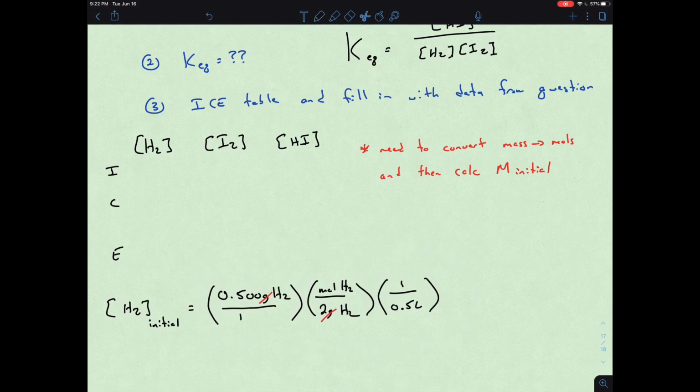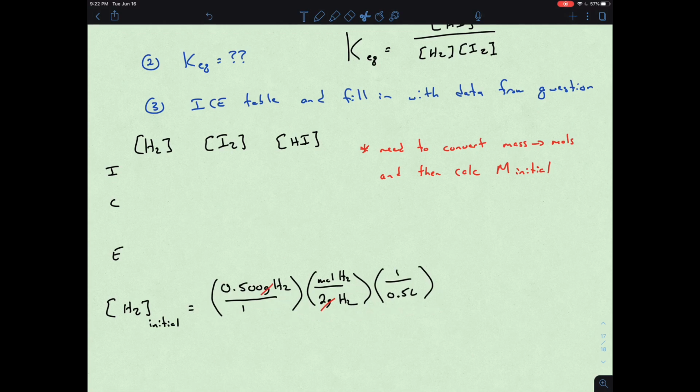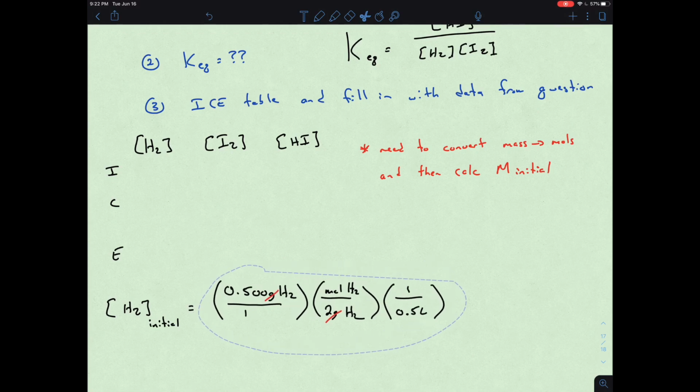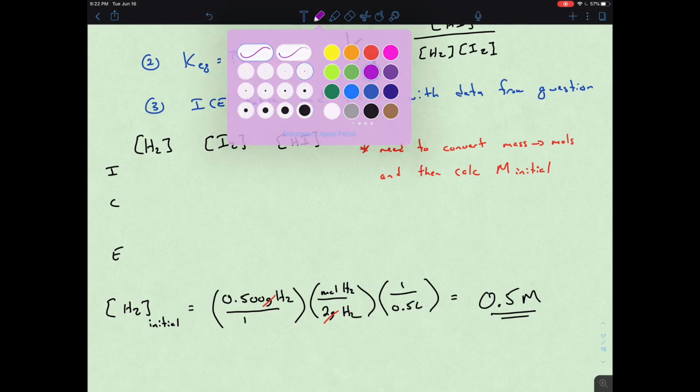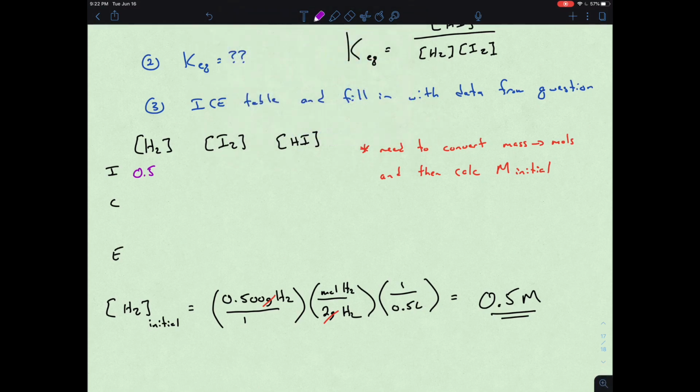So the volume of the vessel is the actual volume used in the calculation of our molarity. And so we end up with a molarity of 0.5 molar. So that is what we're plugging in for its initial concentration.